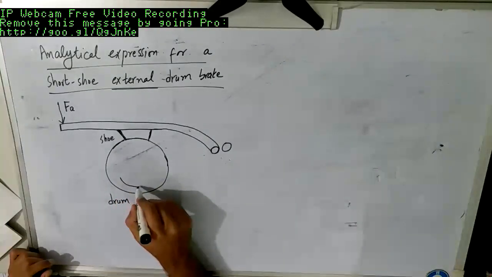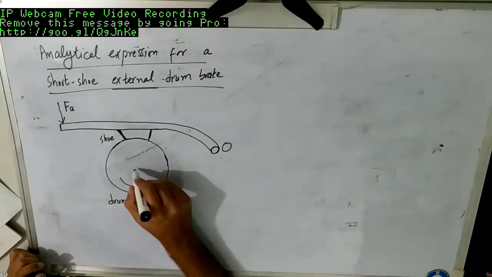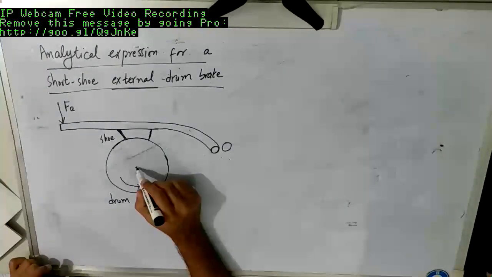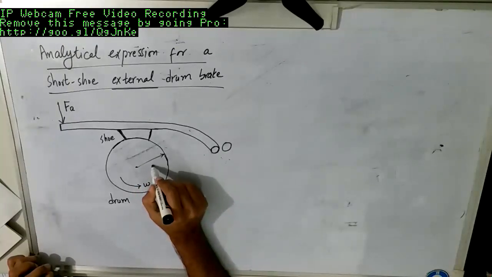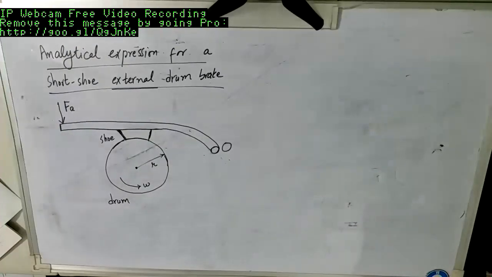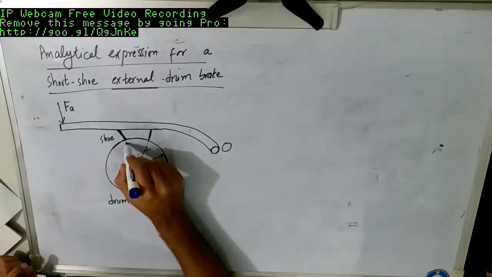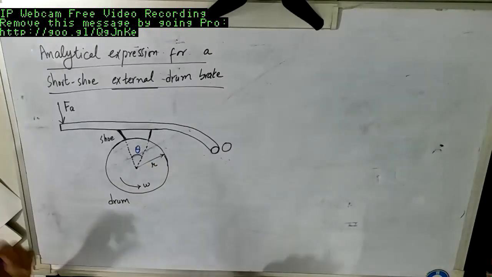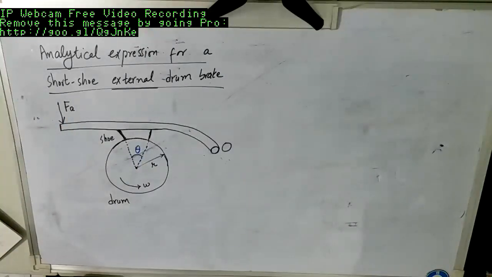So when the drum is rotating in a specific direction about its center with an angular velocity of omega, and the radius of the drum, we can call it R, and the angle subtended by this shoe at the center of the drum is called theta, which in this case is going to be less than 45 degrees because it is a short shoe drum brake assembly.